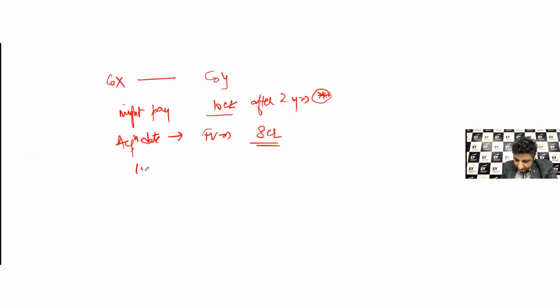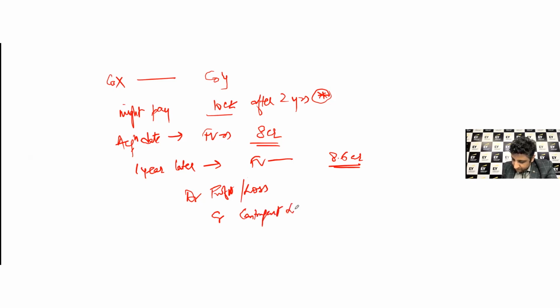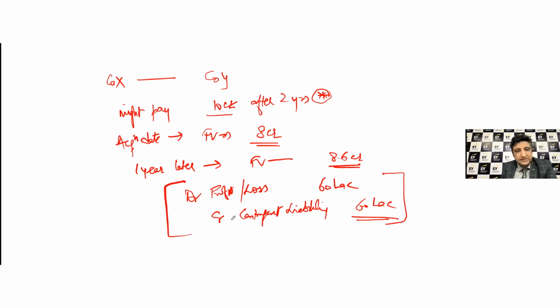And after 1 year, the fair value of this amount comes at, let's say, 8.6 crore rupees. Effectively, we are saying you would increase the value of the liability to the extent of the difference of 60 lakh rupees. Okay, that is something which is the accounting requirement as far as Ind AS 103 is concerned for the subsequent measurement of such contingent liabilities.